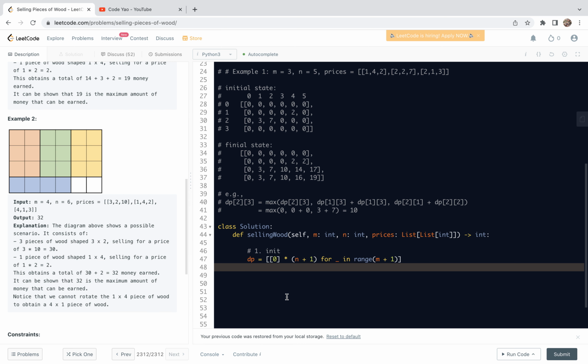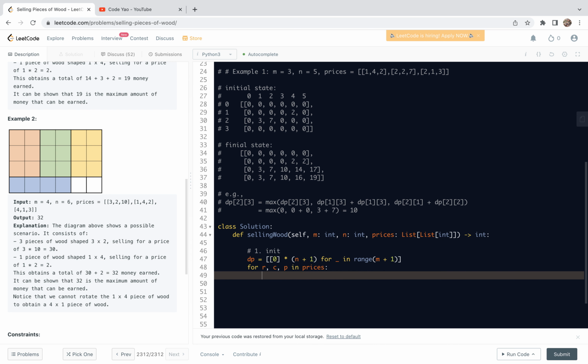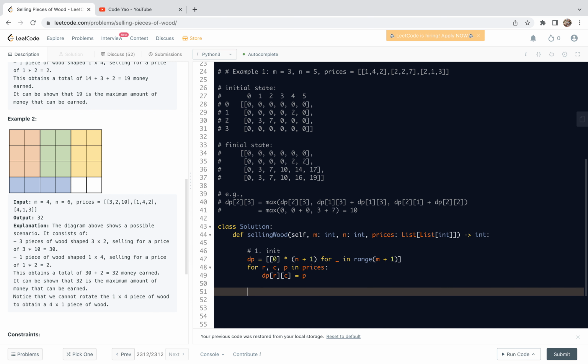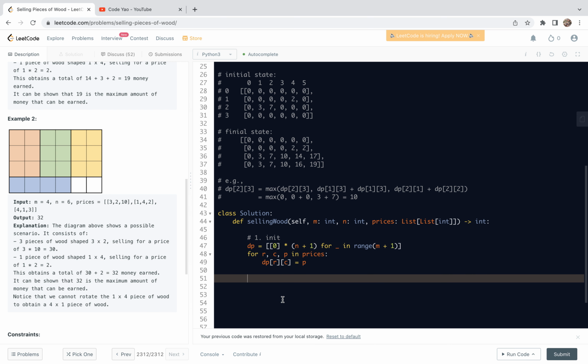This initialization automatically sets the first row and the first column. Then we set the prices for the atomic pieces. So for r, c, and price in prices, we are going to set dp[r][c] to p. So that's about the initialization.